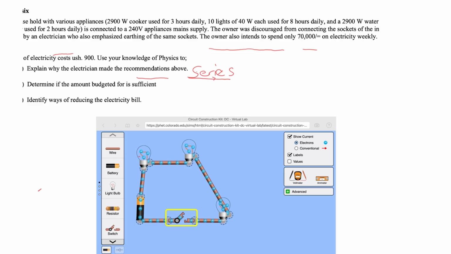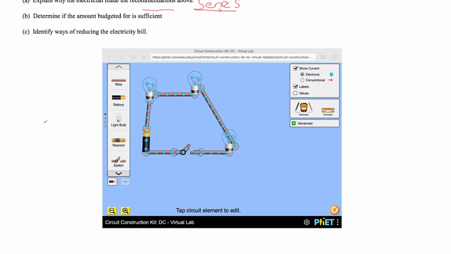In a series connection of components, the components are connected end to end, forming a single path of current flow. In this connection, we have bulbs. Let us label these bulbs: bulb A, bulb B, and bulb C.